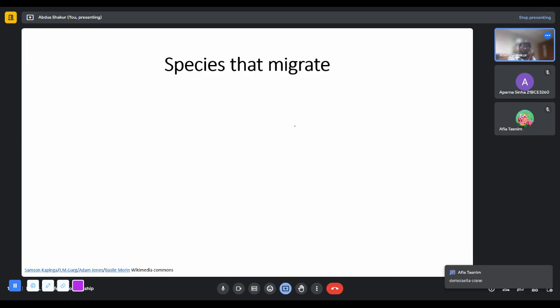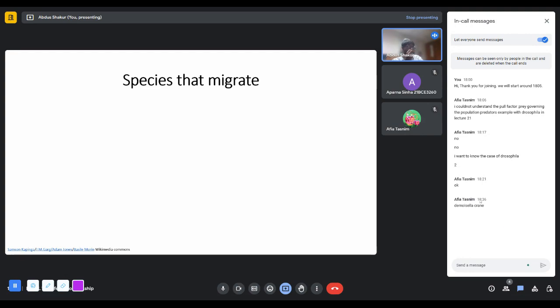Okay, the Demoiselle crane, yes, that's a nice example. Can you please elaborate, if you want to, on where this bird migrates from, and to where does it go after finishing its migration?